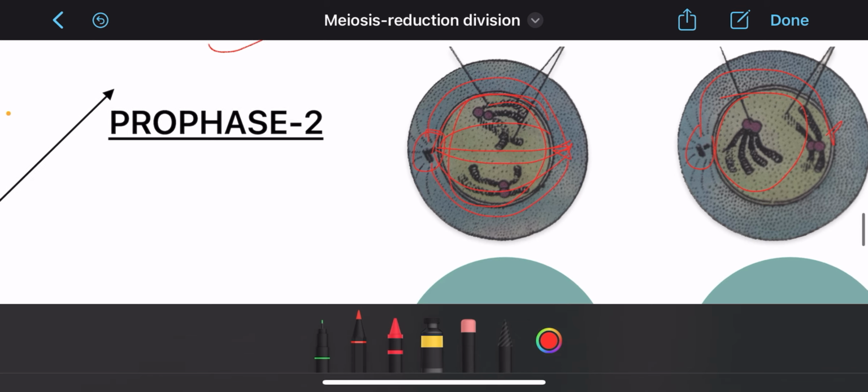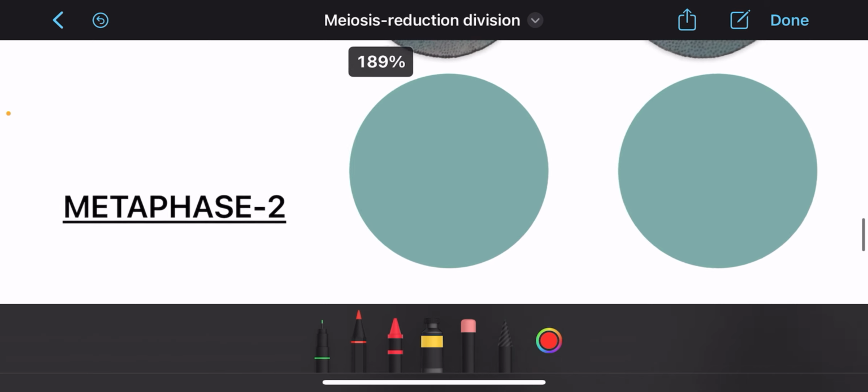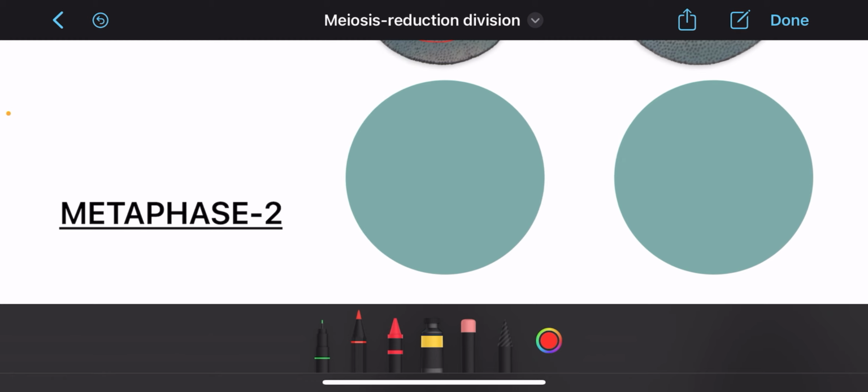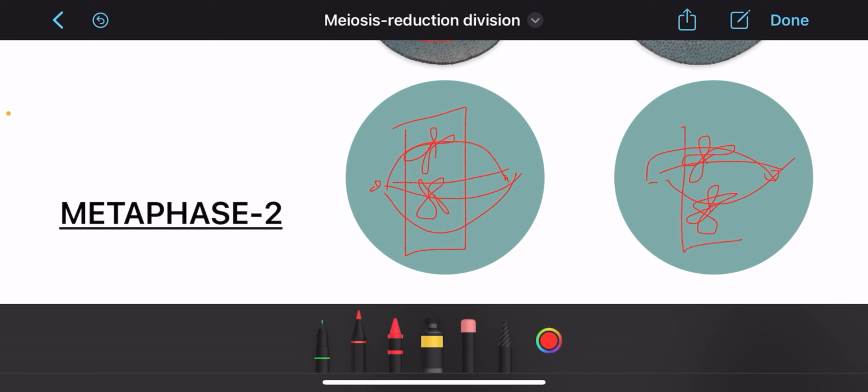After this, the cell enters into metaphase II. In metaphase II, the chromosomes align at the equatorial plane and then get attached to the spindle fibers through the centromere. You can see they are aligned on the equatorial plane.